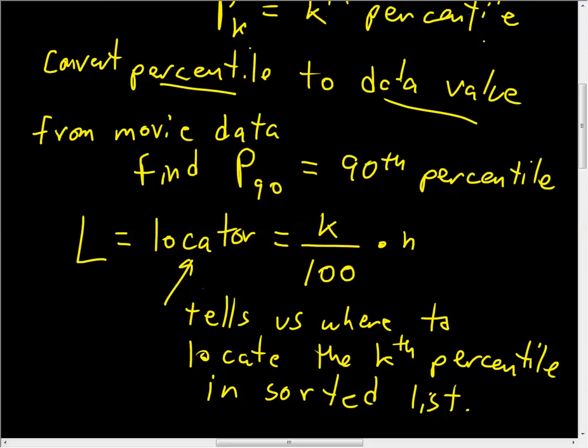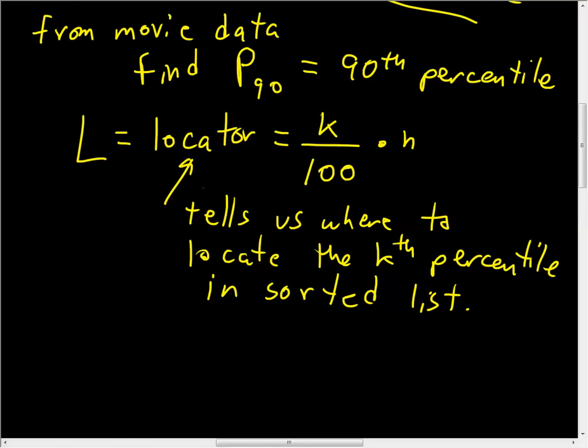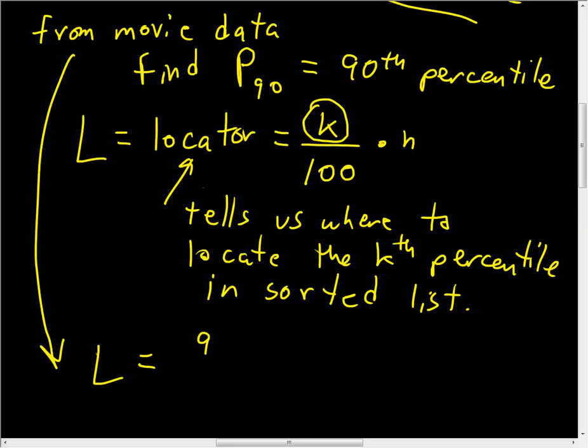Let me give you an example for this. In our movie data, the percentile of interest is your 90th. So to find the 90th percentile there, I plug in k equals 90 over 100 times your n value, which is 35.